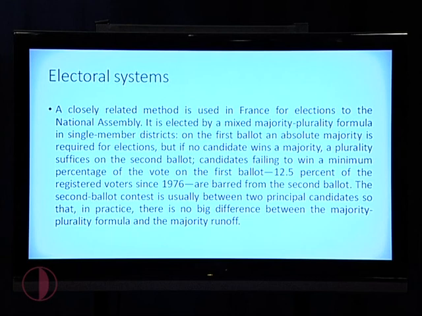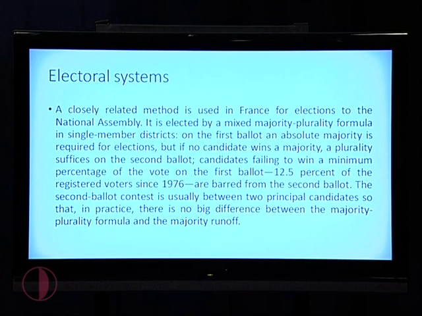A closely related method is used in France for elections to the National Assembly. It is elected by a mixed majority-plurality formula in single-member districts. On the first ballot, an absolute majority is required for election, but if no candidate wins a majority, a plurality suffices on the second ballot.